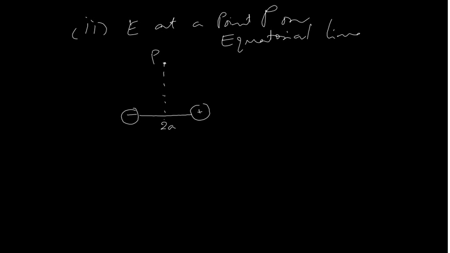So let's assume that this point P is at a distance, that means this distance is r. And this is r, and this part is a. Clear now? This is the same as that equilateral triangle I have drawn.